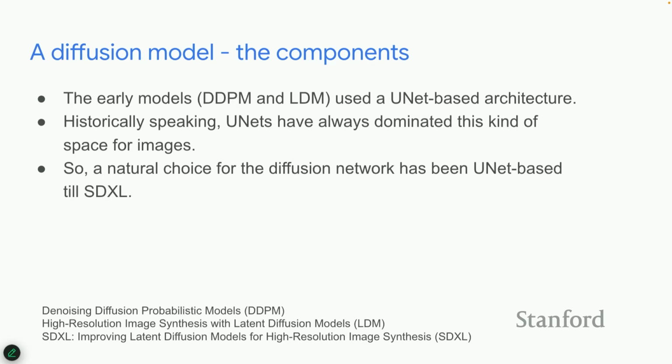And then here's a bit of history. DDPM, all the early work in this area, DDPM, latent diffusion models, they all used UNet-based architectures. And I think historically speaking, UNets have dominated this area for quite a bit, like StyleGAN. They all had a UNet-based architecture, right? And this held until SDXL, which is fairly recent, I would like to say recent because it's from 2023.